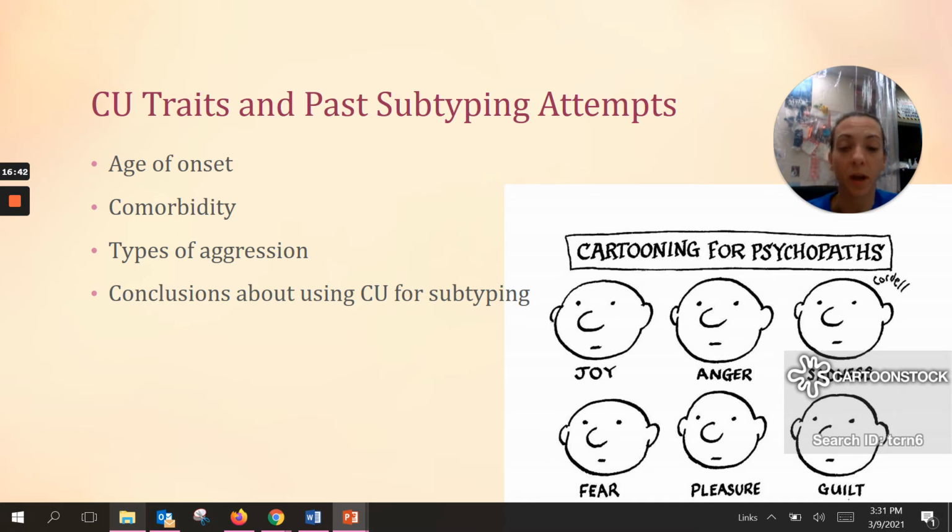Types of aggression. There are social cognitive deficits, specifically deficits that emphasize rewarding aspects of aggression while ignoring punishment. So people who have disruptive behavior disorders, psychopathology, sociopathy, they often find pleasure in aggression, and they don't necessarily have that guilt and remorse that most people do when they display aggression.